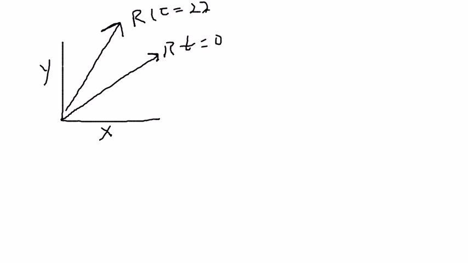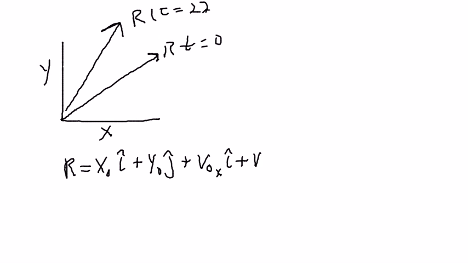We can write any vector in the form r is equal to x0 i hat, plus y0 j hat, plus v0 in the x direction i hat, plus v0 in the y direction j hat, plus 1/2 a in the x direction t squared, plus 1/2 a in the y direction t squared.